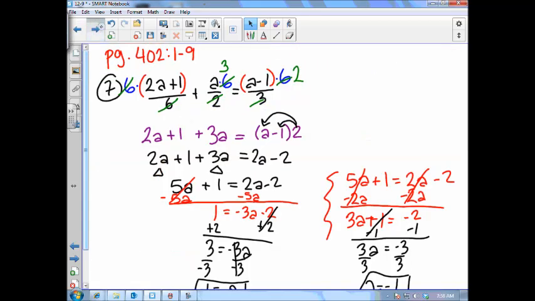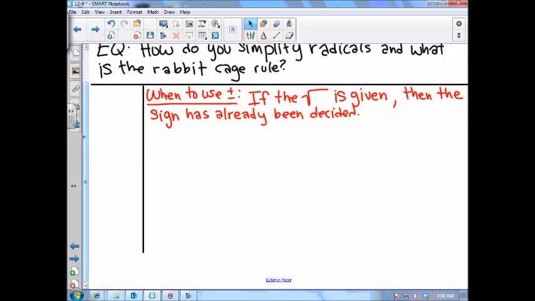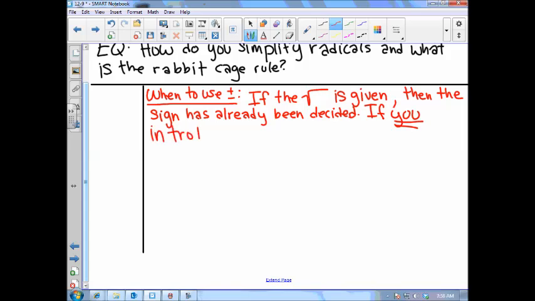Versus, going back to the notes, if you introduce the radical, you don't know which sign the answer is, so you have to use both plus and minus options.